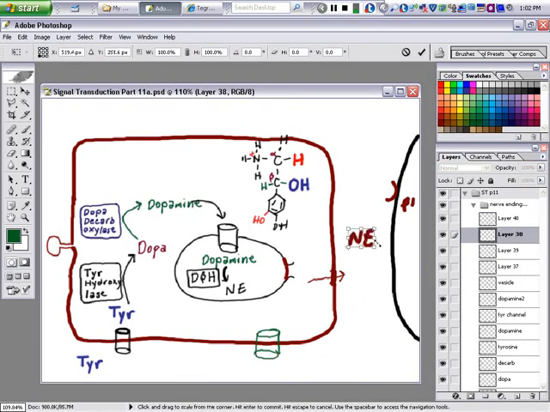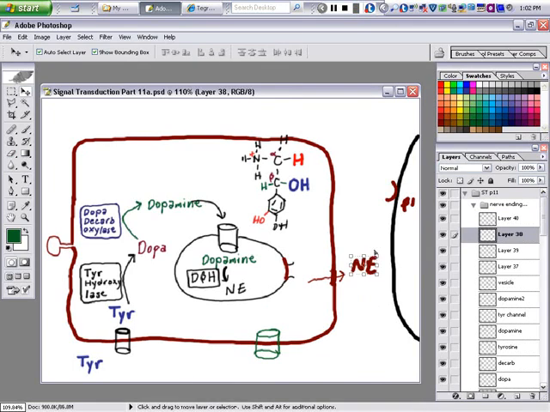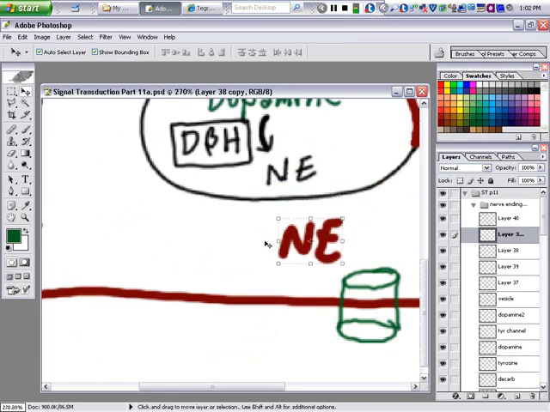It's going to come back and go into the cell. You're going to have norepinephrine in there. But now, there is an enzyme in this cell that wants to destroy it. This enzyme hates norepinephrine, and it wants to kill the norepinephrine.